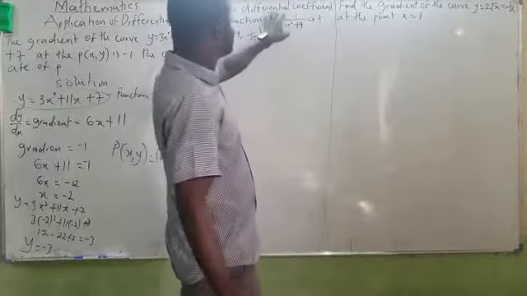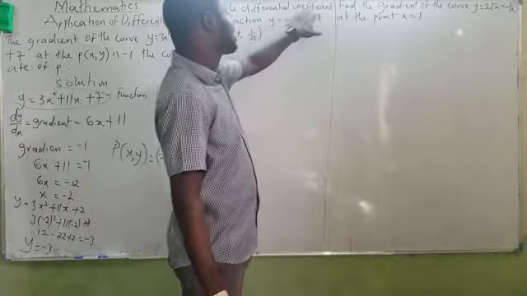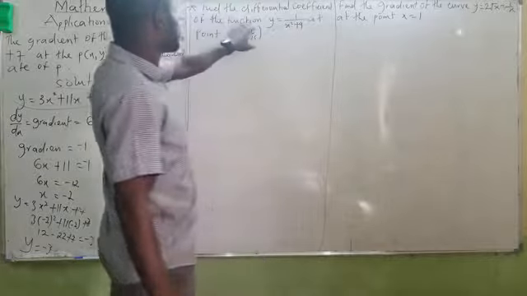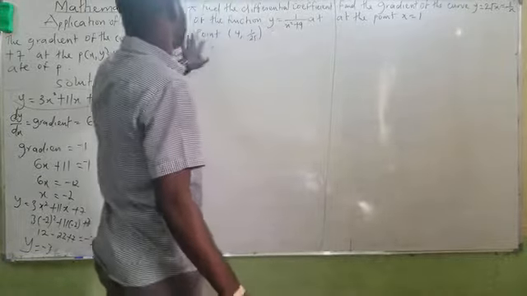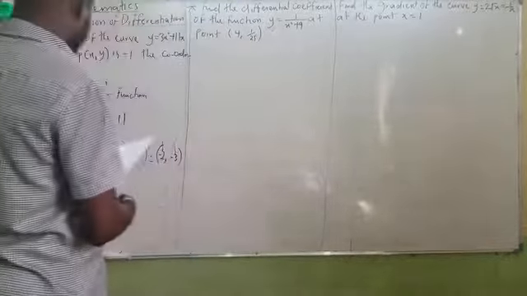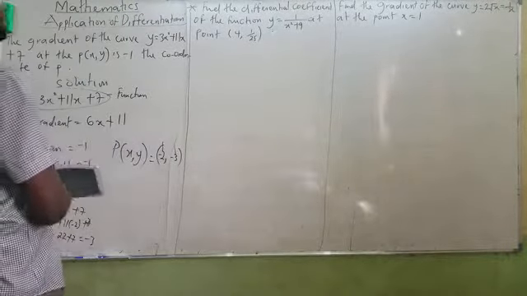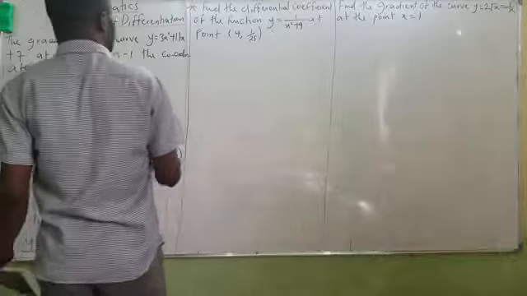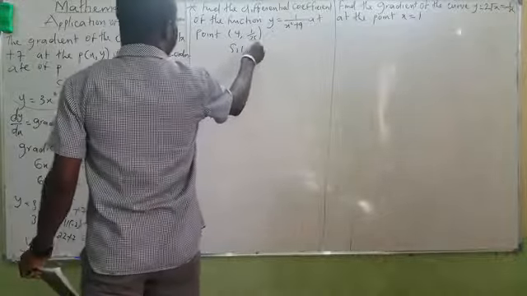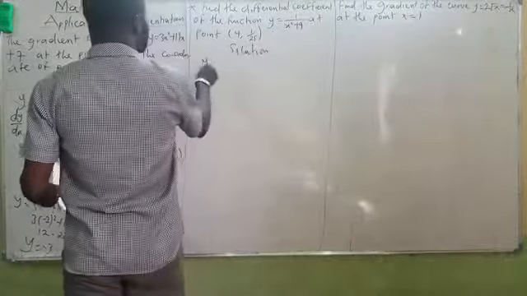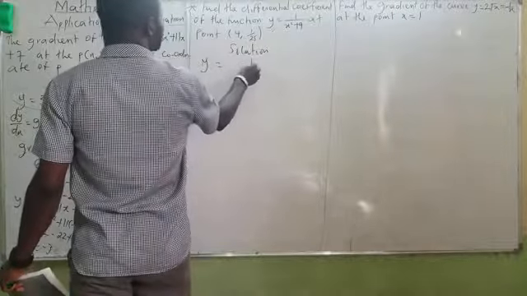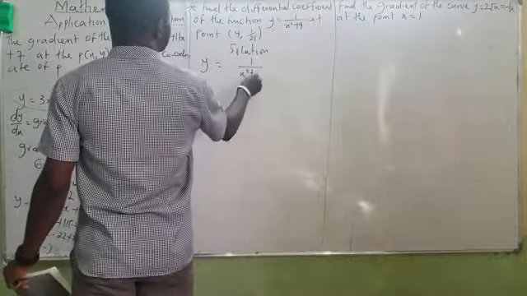Find the differential coefficient of the function at this point. Now, this is different from the first one because we are looking for the coefficient. Now, differential coefficient, solution. Now, this is the function: y equals 1 all over x squared plus 9.